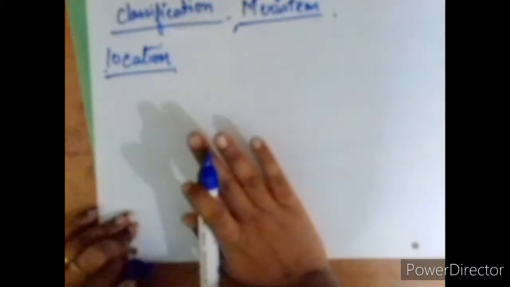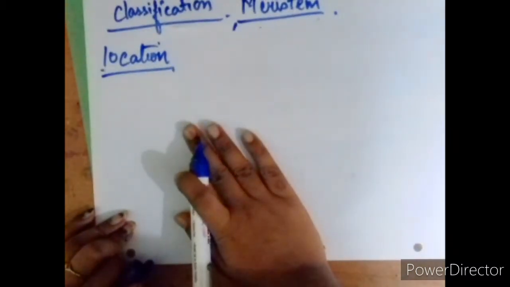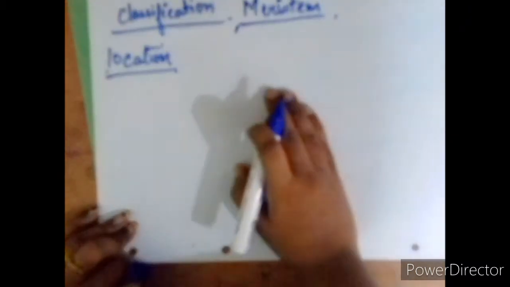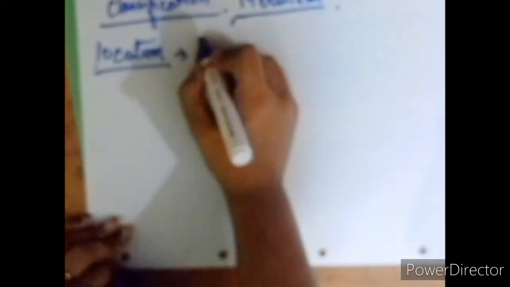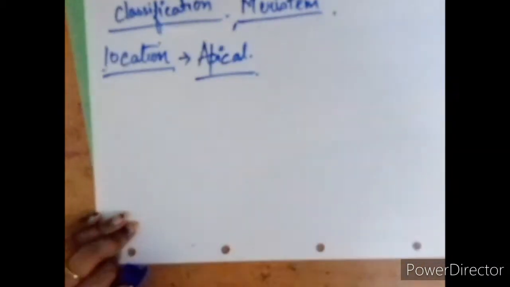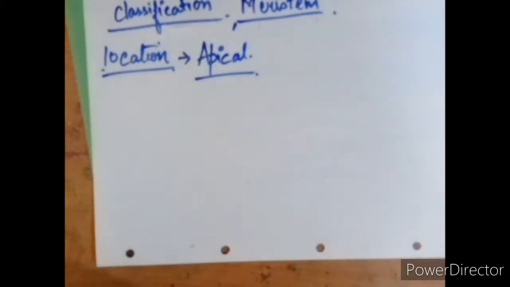According to the location also there are several types of meristem. So let's talk first about apical meristem. Now I think it is very clear to you what the apical meristem is. Apical meristem is found in the apices of the plant.